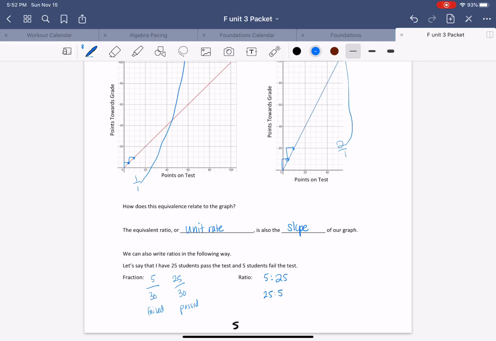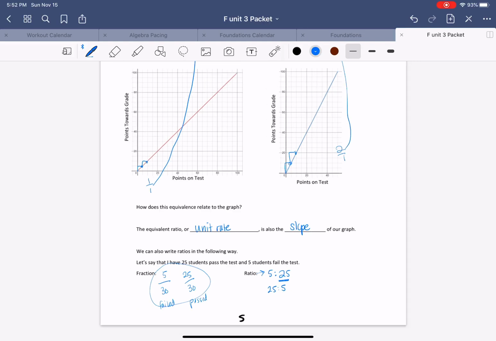I like to look at either one. This helps me know majority-wise whether my class passed or failed. This is good to look at the exact numbers compared to each other, so I can see a much larger number passed than failed.